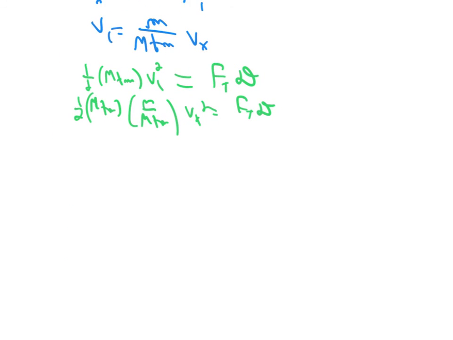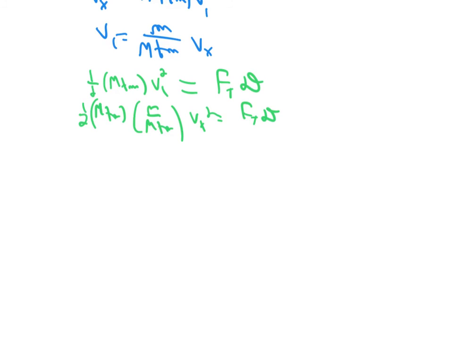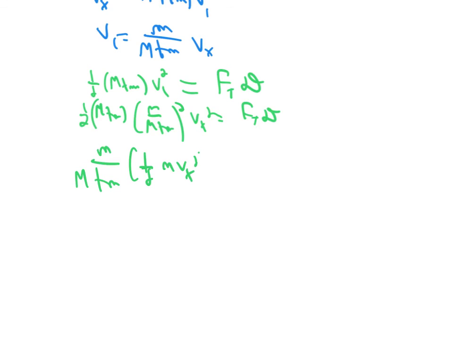So when all is said and done, if we pull all these things out, that ratio should be squared, then we have something like m over big M plus little m times 1/2 m vx squared is FT times D. But we've done this a couple times.